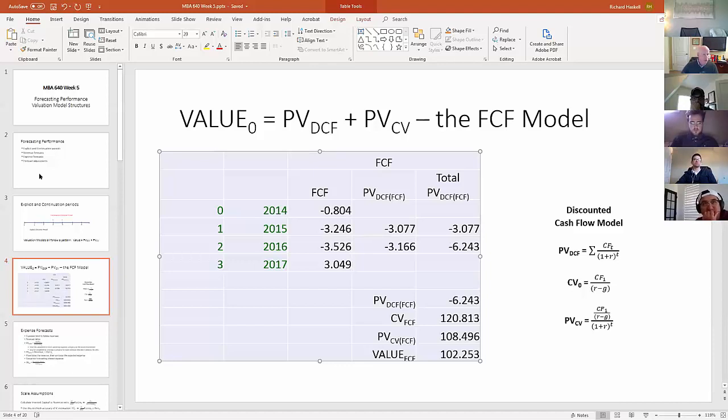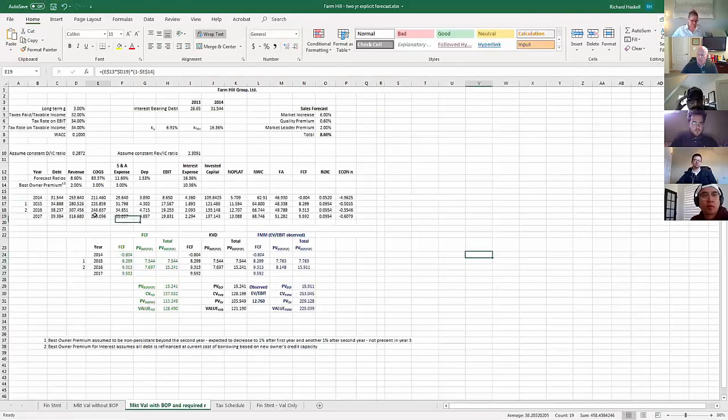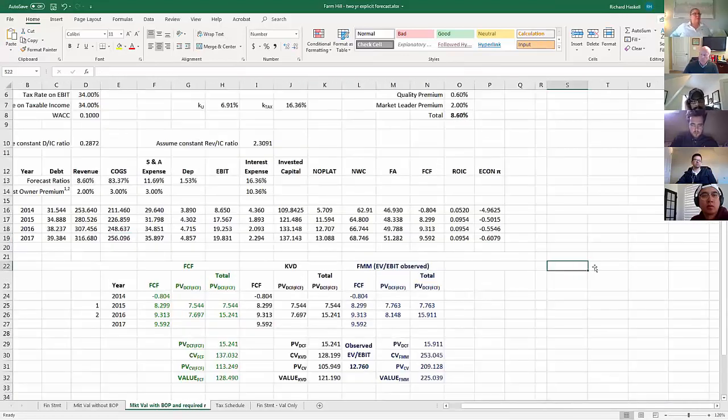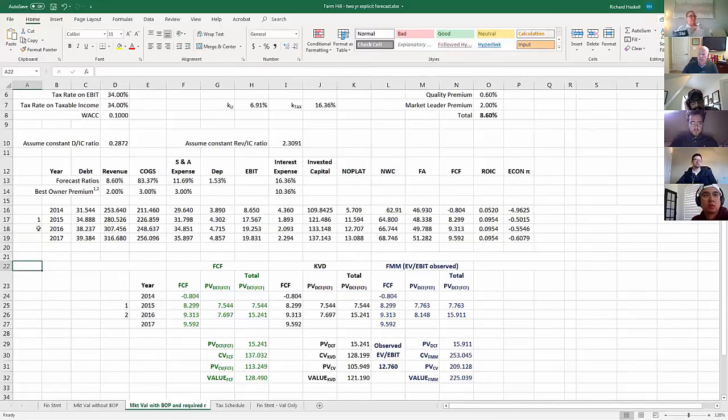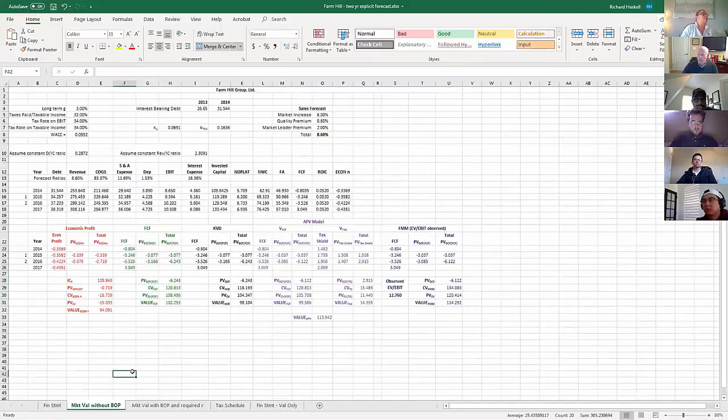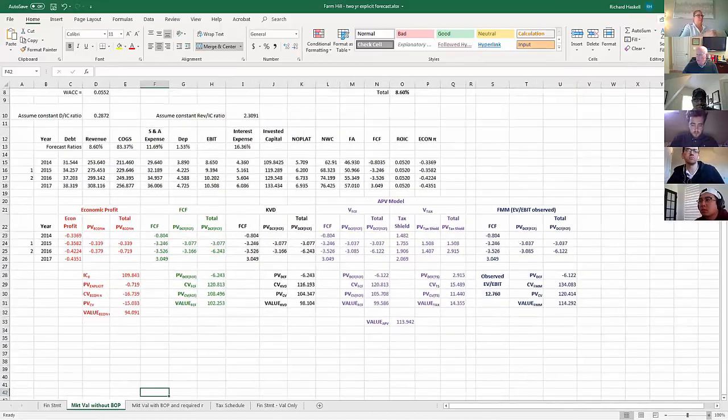Okay, let's walk over to the Farmhill case for just a moment. And you'll see here, let me make this a little bit bigger so you can see more. You'll see here that my base year, the year in which I find my financial statement information, is 2014. And I've got a negative, just as we said, and I'm forecasting another negative.